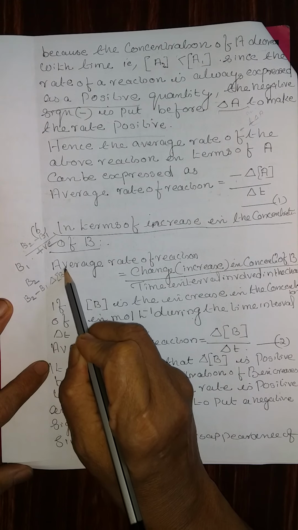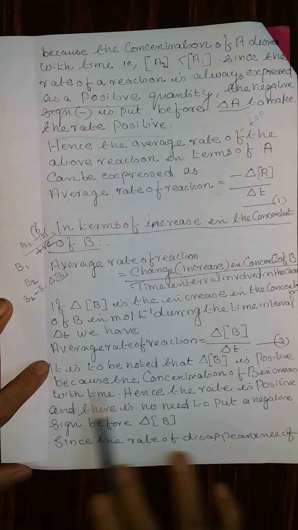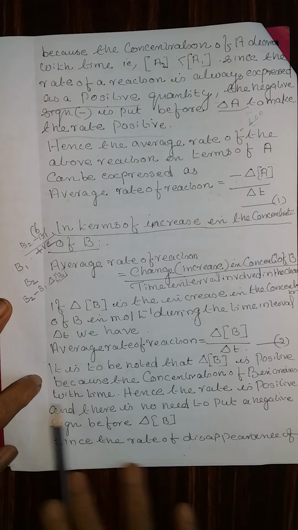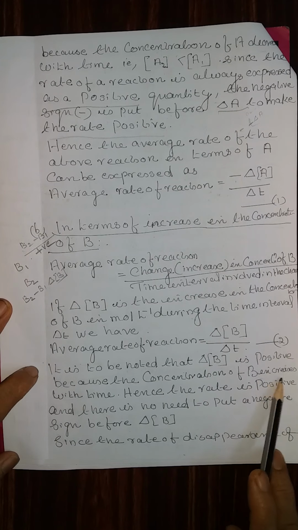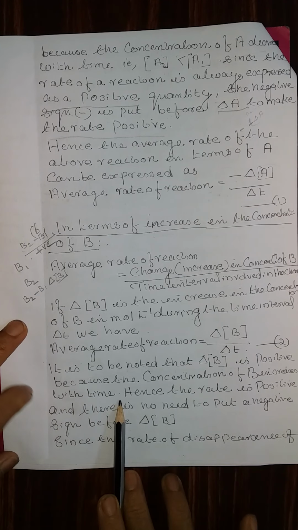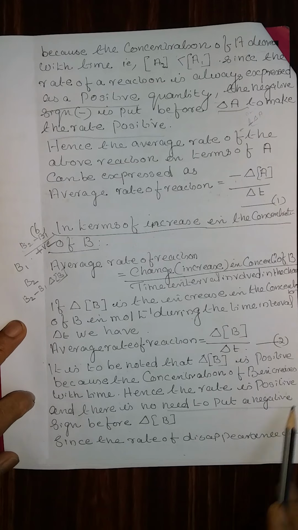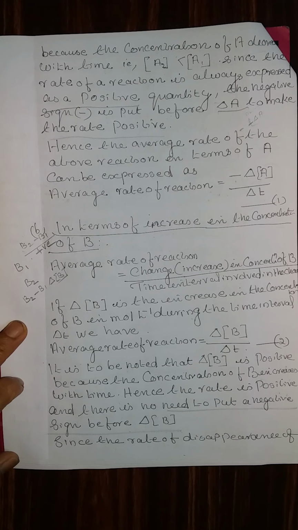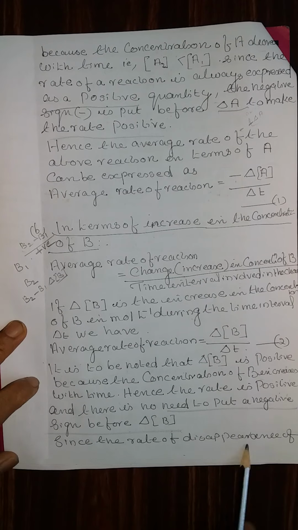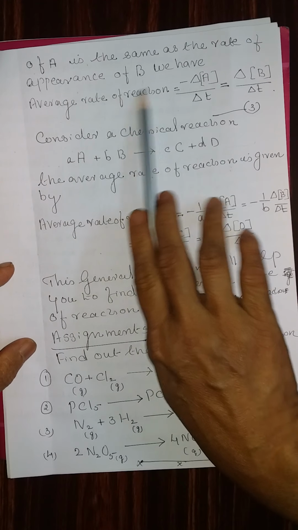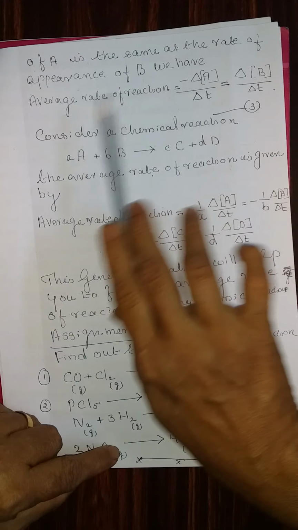Now, it is to be noted that delta B is positive because the concentration of B increases with time. Hence, the rate is positive and there is no need to put a negative sign before delta B.